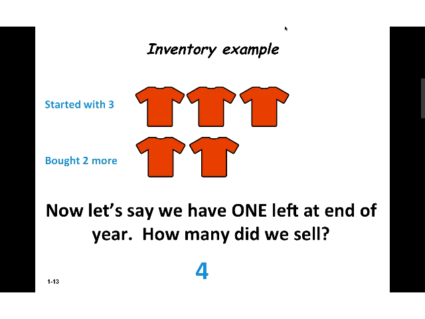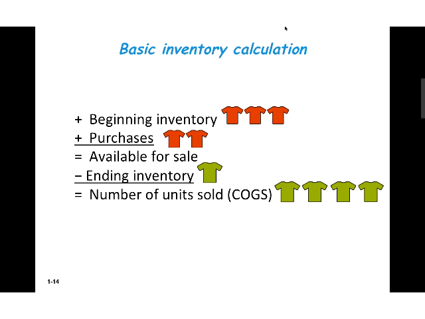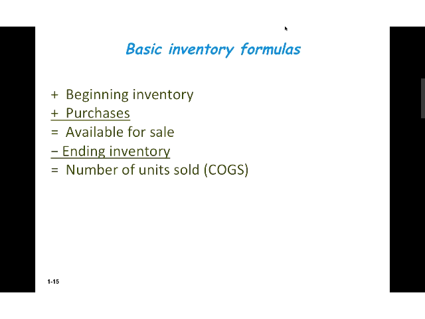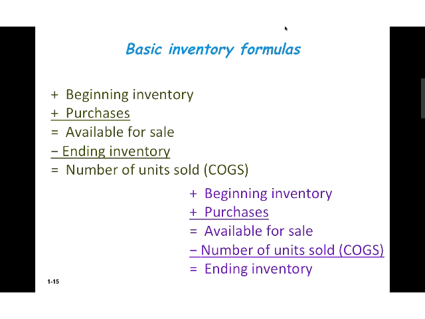So we can solve for this 2 different ways. Let me just show you. Okay. So I said there's 2 sets of formulas you need. One is solving for the number of units sold. The other one is solving for ending inventory.